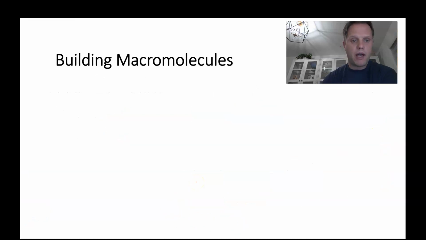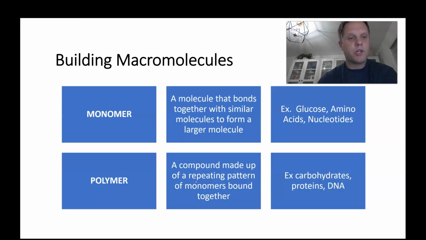So when we build macromolecules, we use some terminology. The thing that we're starting with, the thing that is small, is known as a monomer. Mono means one, polymer means many. So when we take one small thing and we combine it together, we're making a polymer.